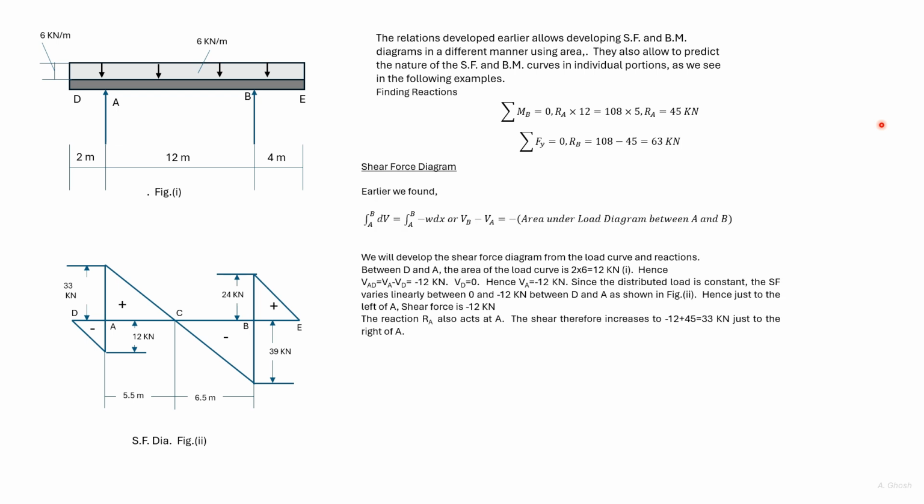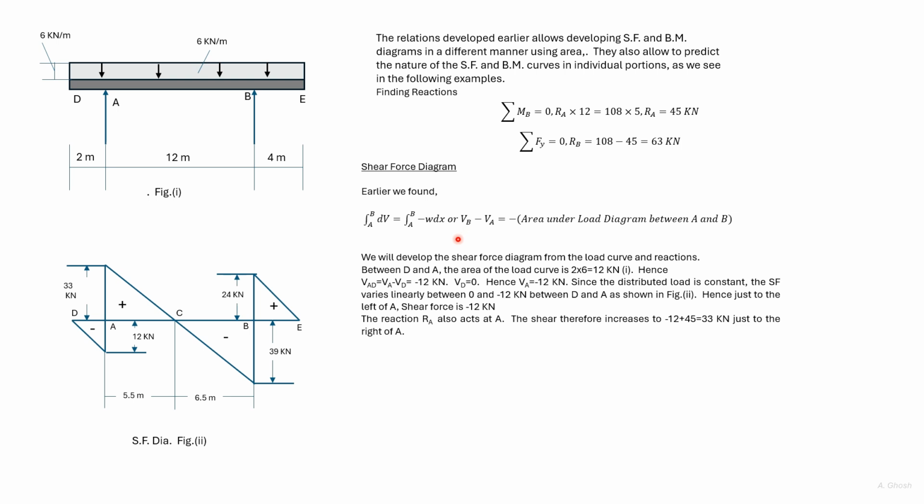In order to find the shear force diagram, we will repeatedly use this relation. Here we have 6 into 2 between D and A as the area of the load diagram. So the area of the load diagram between D and A is 12.